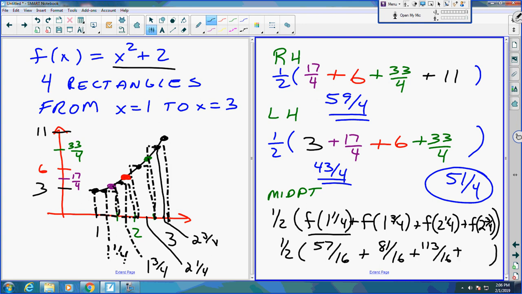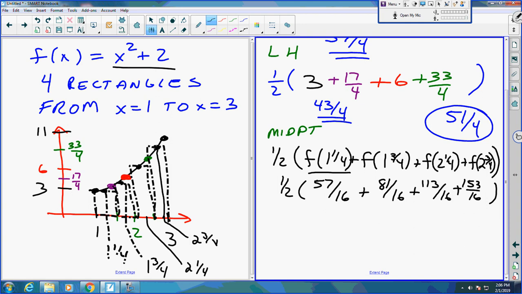And everyone, I'm just plugging the values, like 2 3/4 squared, right? 2.75 squared plus 2. And I get, the last one is 153/16. All right? Again, now we can summate those, add those 4 up. And I get 1/2 times 404 over 16.